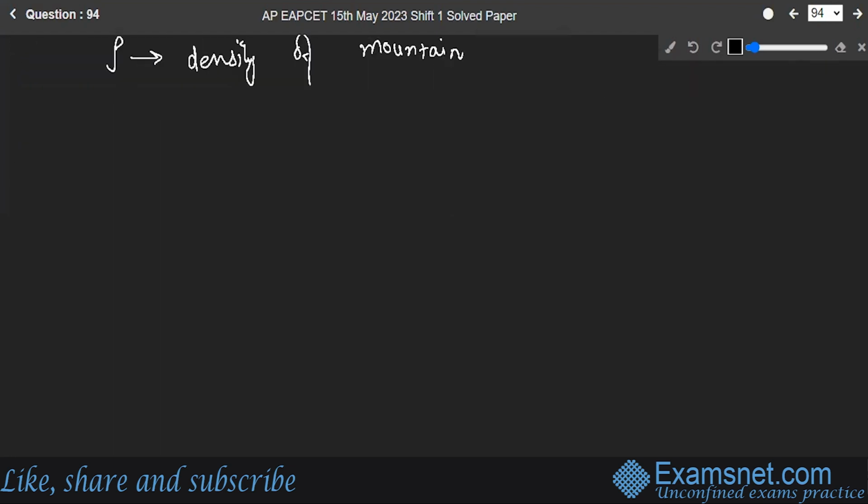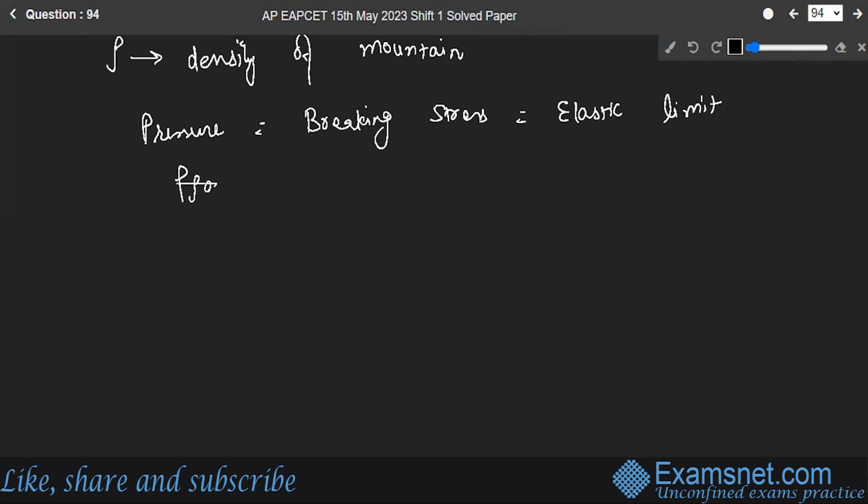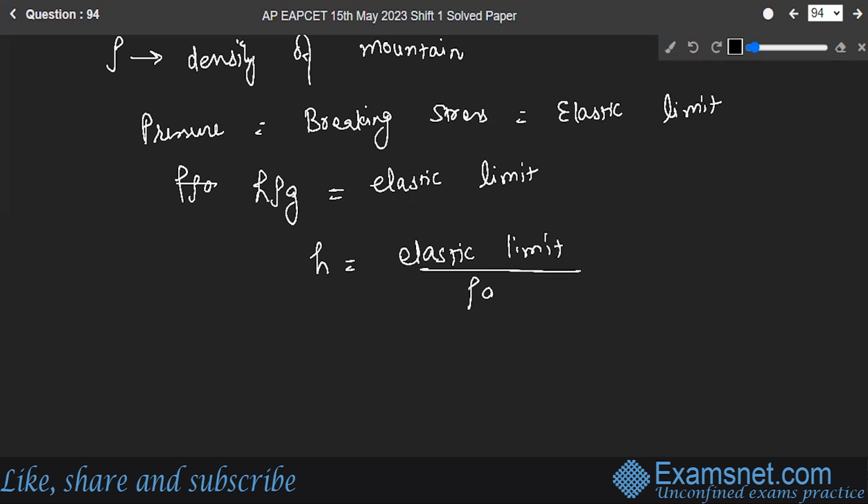According to the question, the pressure is equal to the breaking stress, that is the elastic limit. So h rho g is equal to the elastic limit, or h is the elastic limit upon rho into g.